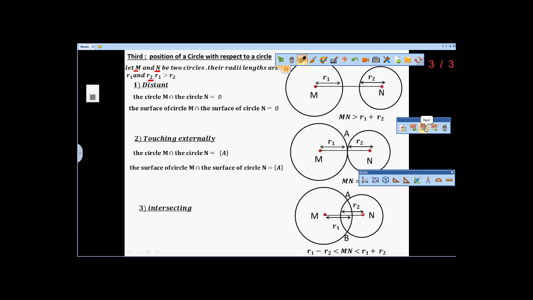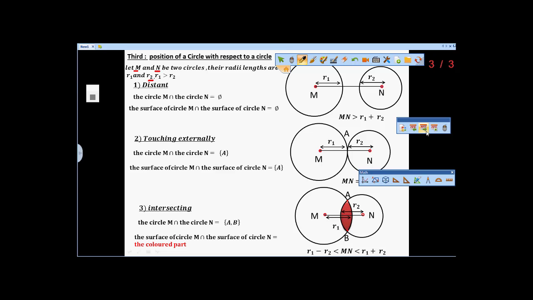If I wanted to find the intersection between circle M and circle N, it will be the set of these 2 points only, it means the set of A and B. But if I wanted to find the intersection between surface of circle M and surface of circle N, it will be this colored part.